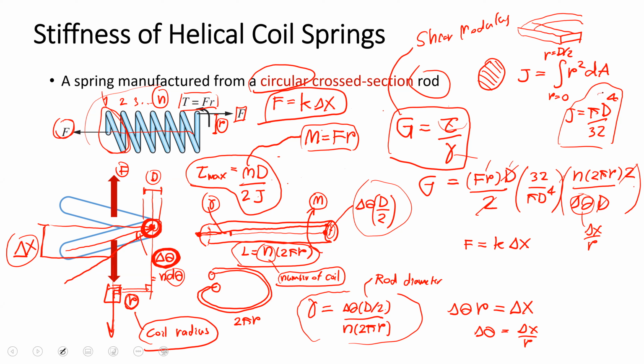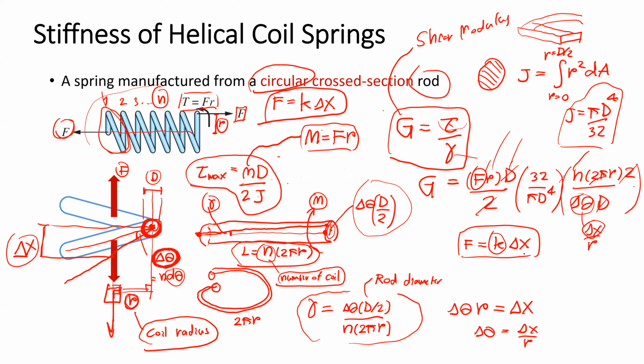Now we have force here. We have delta X. And the rest of the things in the equation, the shear modulus, the radius of the coil, the diameter of the rod, the number of coils, are constant.